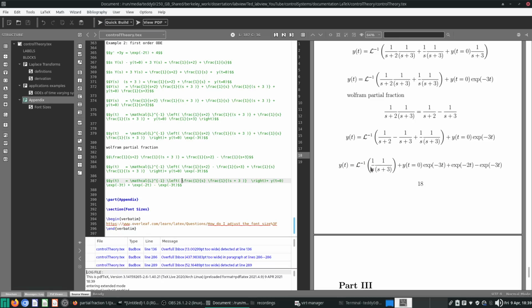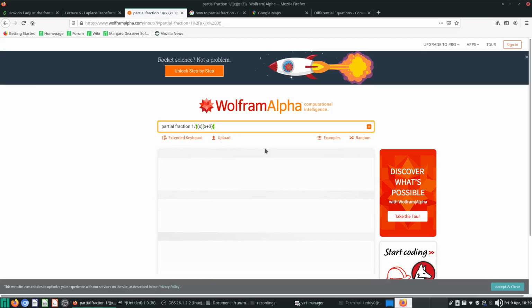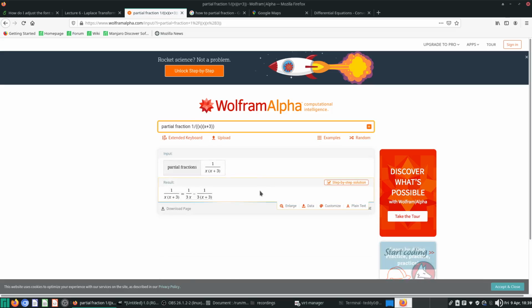Okay, so one last one is this. So I'll just Wolfram this as well. I can just type partial fraction 1 over x times x plus 3, which is basically 1 over s times s plus 3 if x equals s.